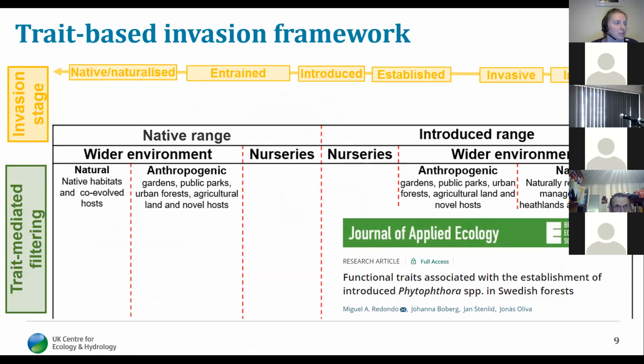So this paper is a really great example of trait-mediated filtering of Phytophthora species, showing how Phytophthora communities change along a gradient of human management in Sweden, starting from nurseries at the highly managed end through urban and agricultural locations, and ending with relatively undisturbed forests. And only a subset of Phytophthora species in Swedish nurseries were also found in the wider environment, and an even smaller subset of those were found in less disturbed forests.